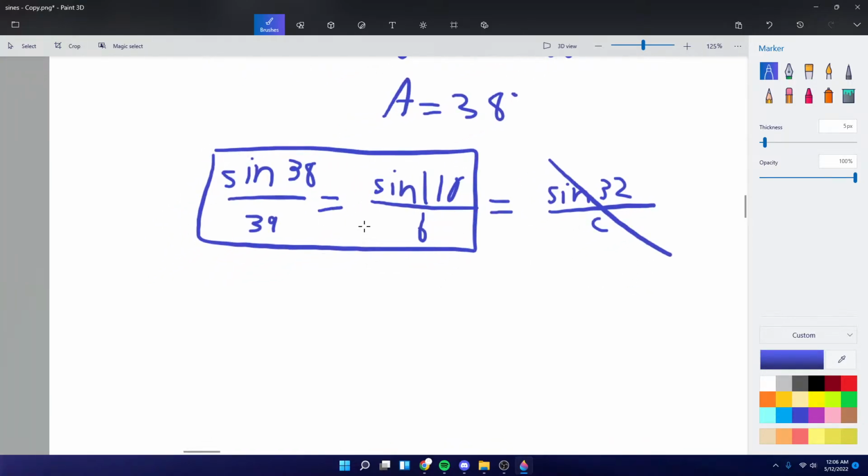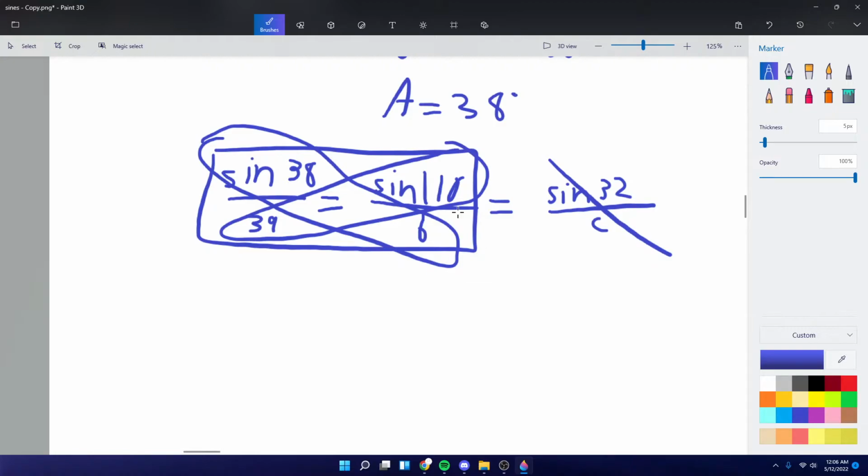So how we solve this is we just cross multiply, the butterfly method, the other thing they call it. Anyways, so what you get is B sine 38 equals 39 sine 110. We're solving for our unknown variable, which is B, so we just divide both sides by sine 38.